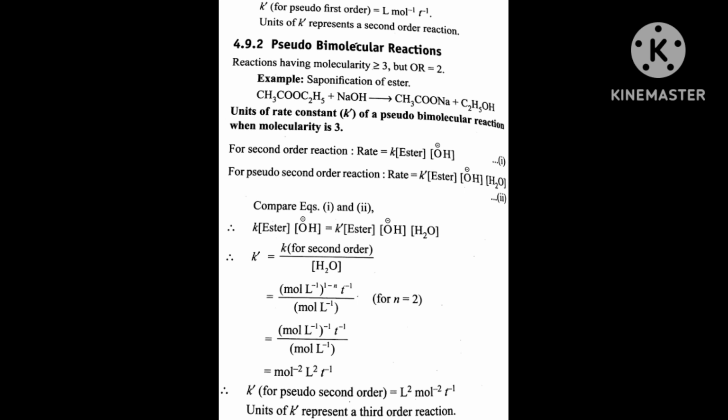This cane sugar plus H2O, in the same way, in the presence of H plus, meaning in the presence of acid. This is also an acid hydrolysis reaction. This reaction gives two products, glucose and fructose. Glucose is C6H12O6. Fructose has the same formula. Both are isomers, with the same formula.